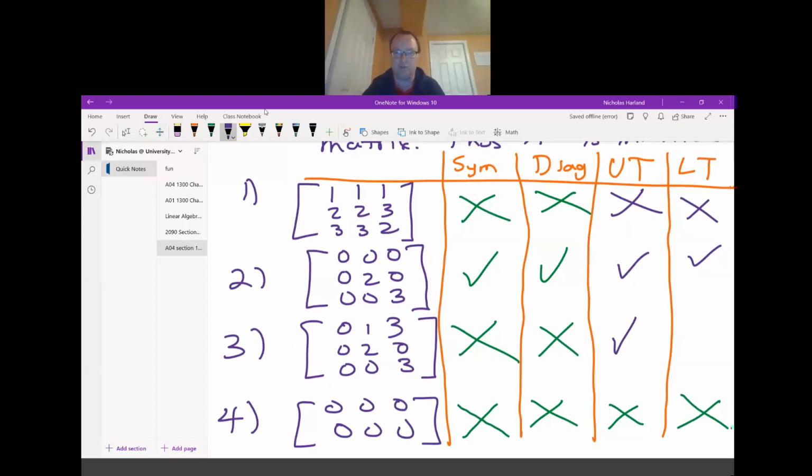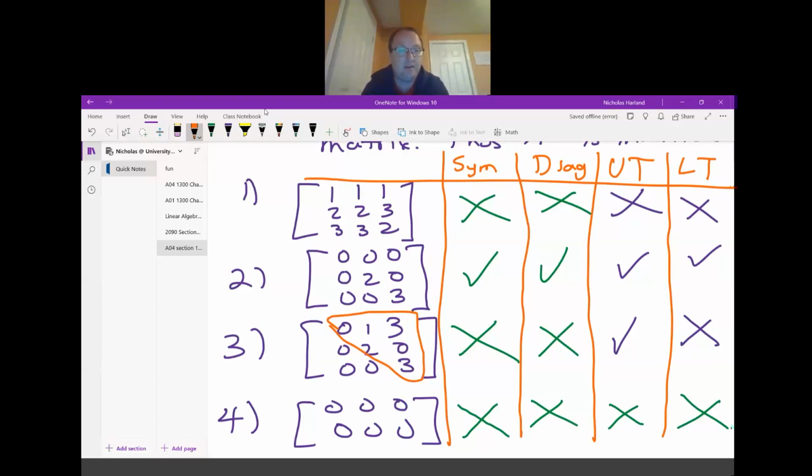It is upper triangular. So this is the one that is going to confuse some people. Just like with diagonal, what being upper triangular actually means is talking about the stuff below.